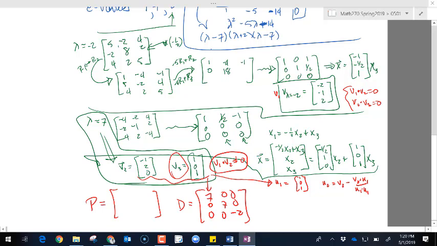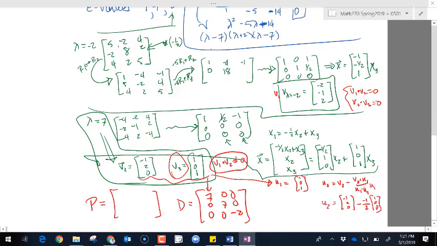That's negative 1, 2, 0, minus the dot product, negative 1, times U1. The dot product of U1 with itself is 2.